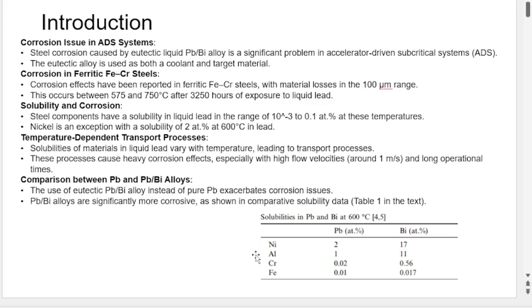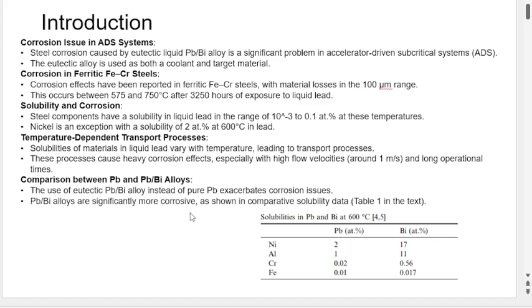Okay, so let's start. The introduction shows us the corrosion issue in ADS system. ADS stands for accelerator driven system. What happened there is steel corrosion caused by eutectic liquid PbBi alloy is a significant problem in ADS system.